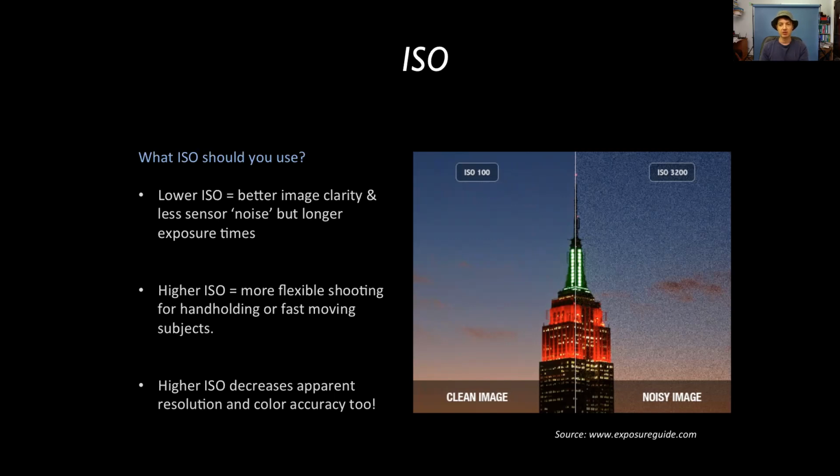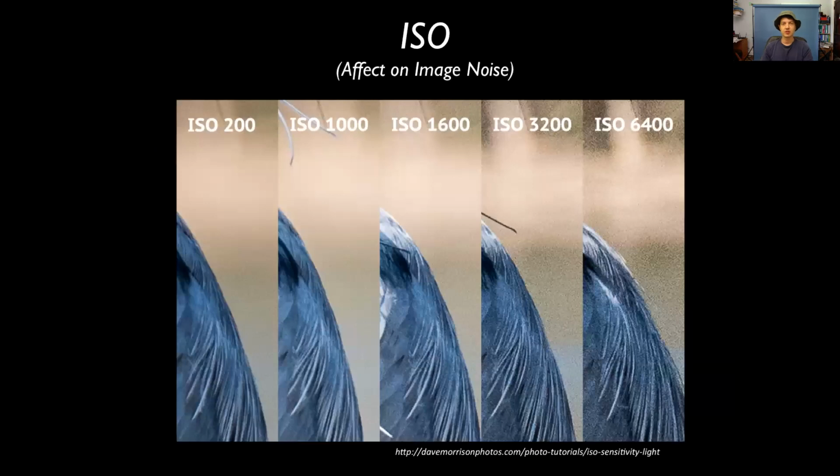Let's take even a closer look. So here's a slice of the same composition or scene, but it's shot at various ISOs, starting at 200. Then we see one at 1,000, at 1,600, ISO 3,200, and even 6,400.